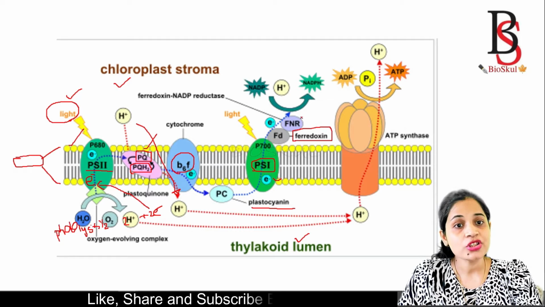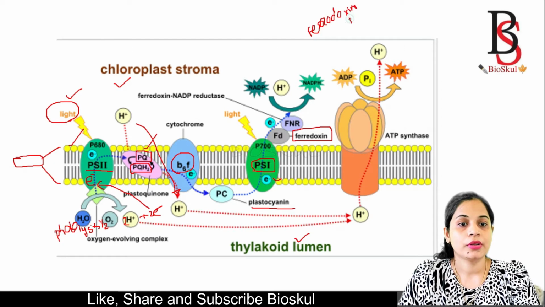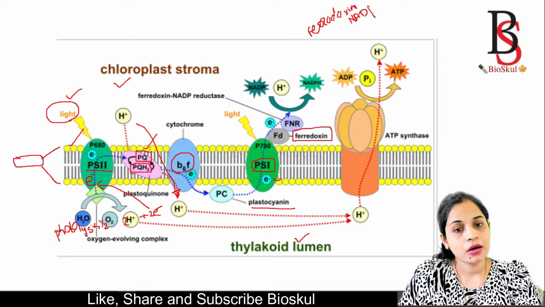Here there is an enzyme known as ferredoxin NADP reductase, FNR. What is the function of this enzyme? It helps in reducing NADP to NADPH.